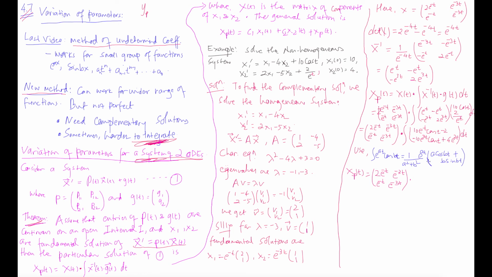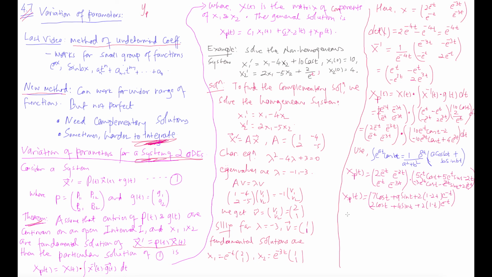After you use this formula, that's what you get after you integrate the first row and the second row. Okay, now you multiply these two matrices. How do I multiply these two matrices? 2 e to the negative t times the first row plus e to the negative 3t times the second row, that goes to the first row, right? Similarly, these times that way, okay? This is what you will get for the particular solution.